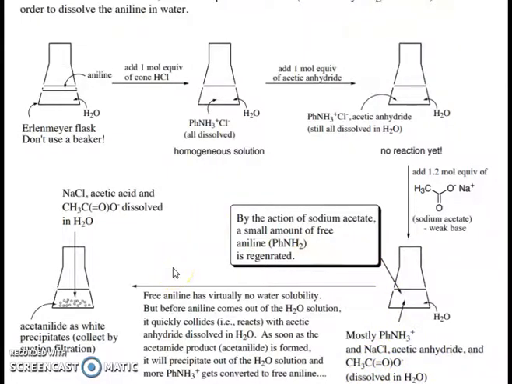Then what will happen? Free aniline has virtually no water solubility, but before aniline comes out of the water solution, it quickly reacts with acetic anhydride dissolved in water. As soon as the acetamide product, acetanilide, is formed, it will precipitate out of the water solution and more PhNH3+ gets converted to free aniline.